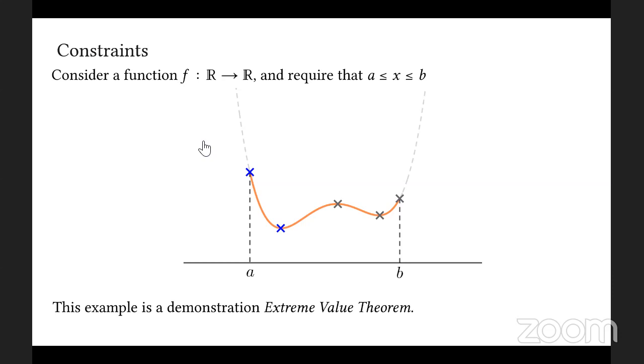It says that a continuous function on a closed and bounded interval will achieve its maximum and minimum values somewhere in that interval. And second, it's going to occur either at local extrema inside the region, or at the endpoints.